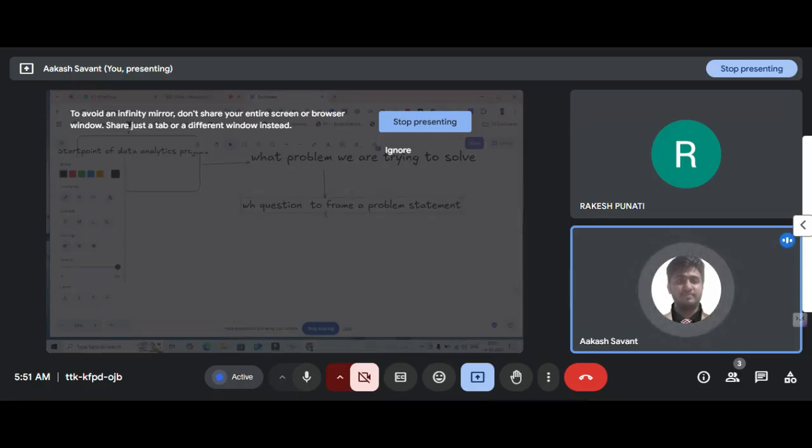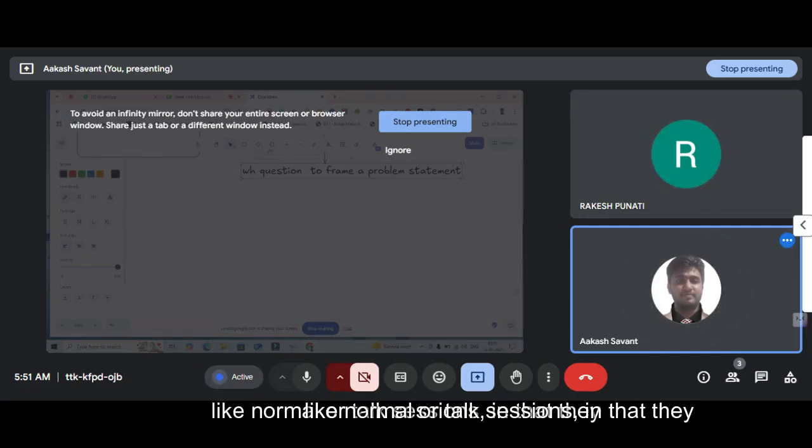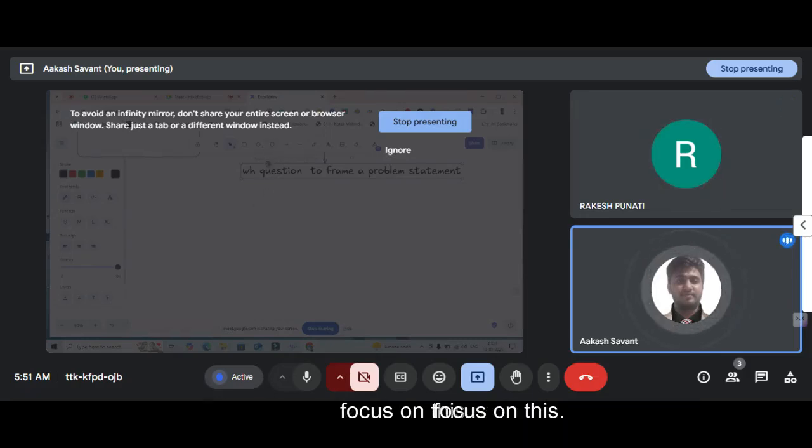Let's see how this works in real life. Now, we'll take a real-world use case. You research, then ask questions, then frame one particular problem. Let's start with the healthcare industry.